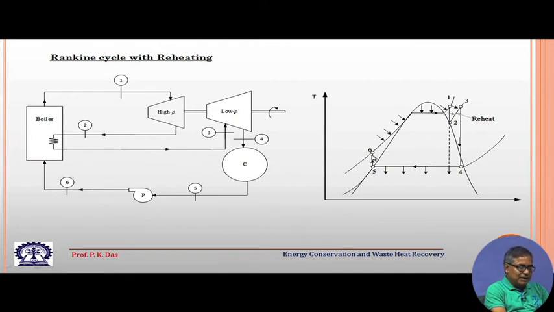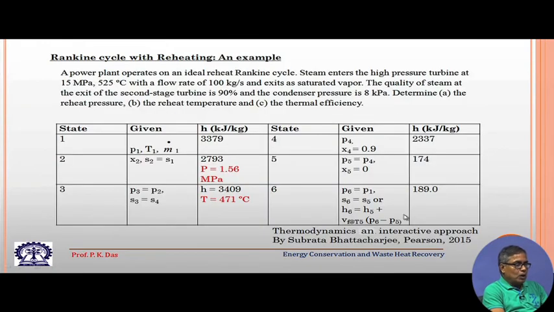Generally, properties are not available in the conventional steam table for this. What we can do is take the enthalpy at state 5 plus the work done, which will give the enthalpy at state 6. This is what I explained in my earlier lecture, and that is what we are going to do.